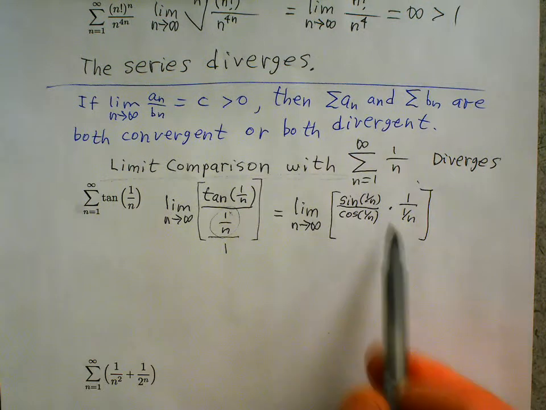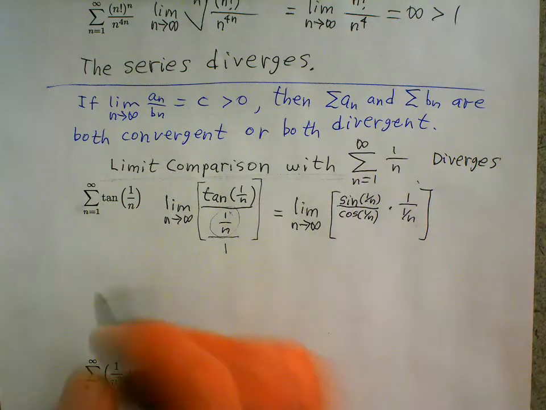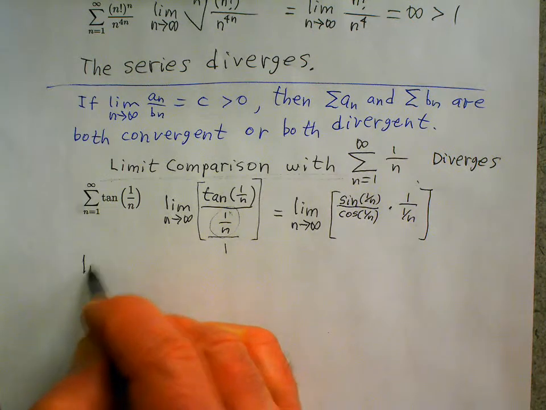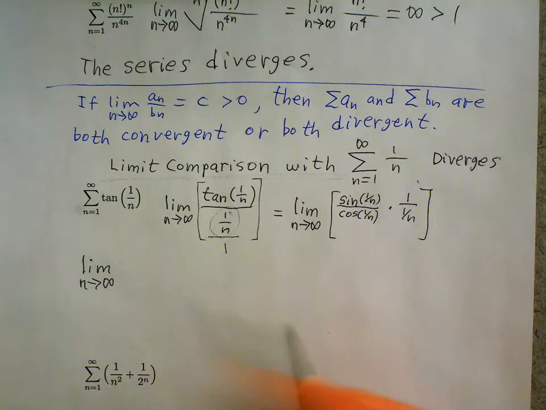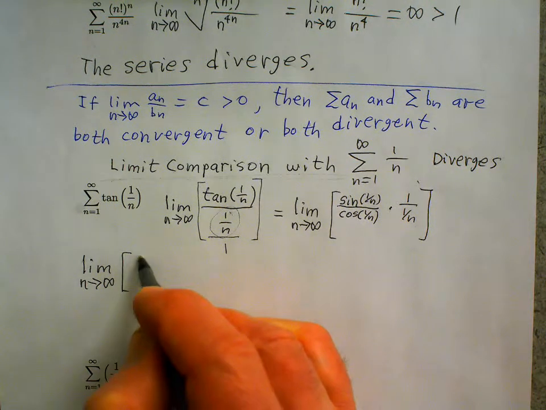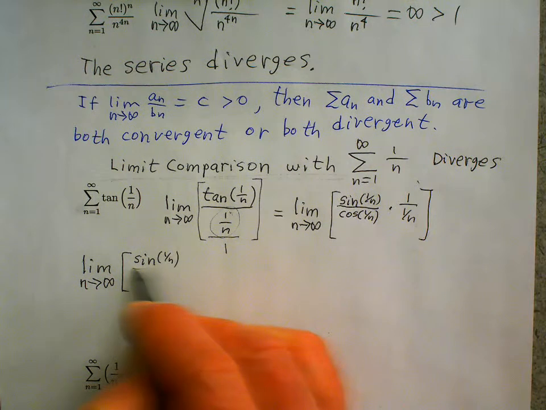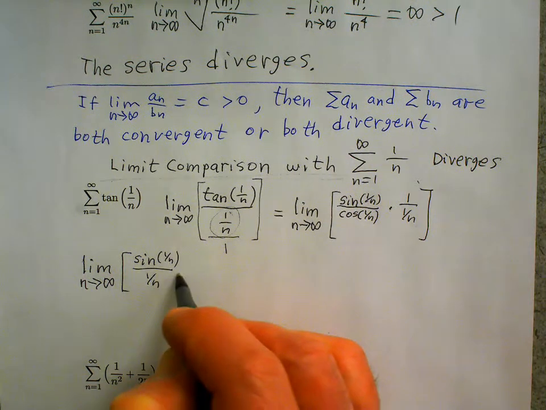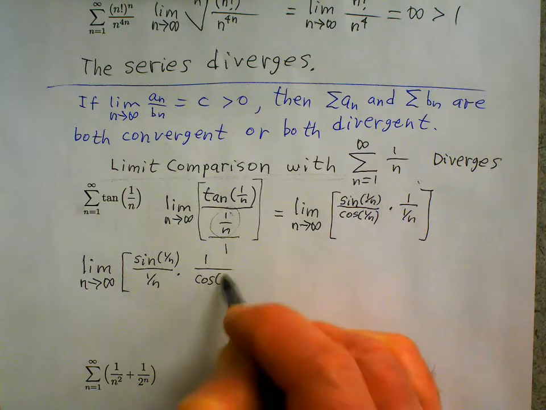And then we'll rearrange the terms in the quotients and write this as the limit as n approaches infinity of sine of 1 over n over 1 over n times 1 over cosine of 1 over n.